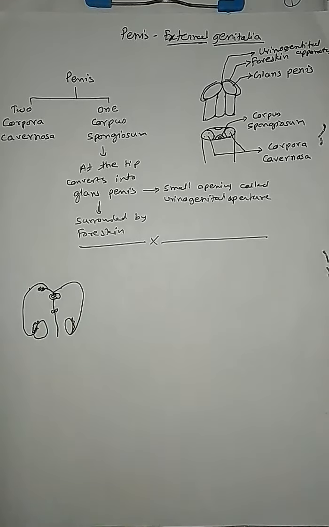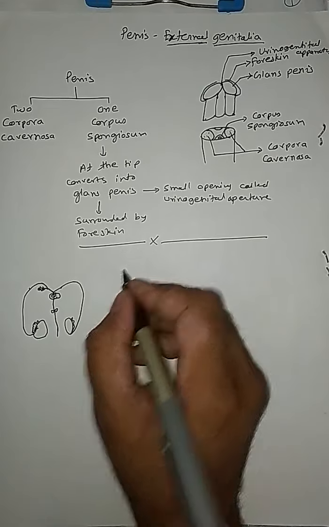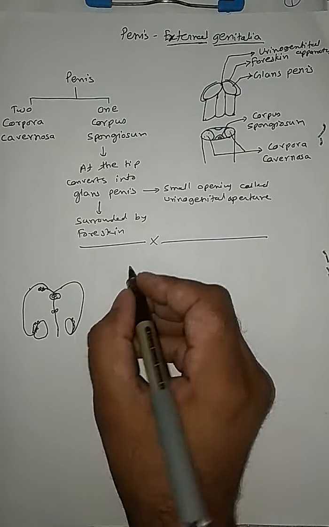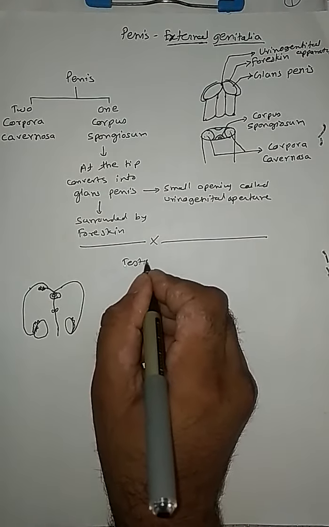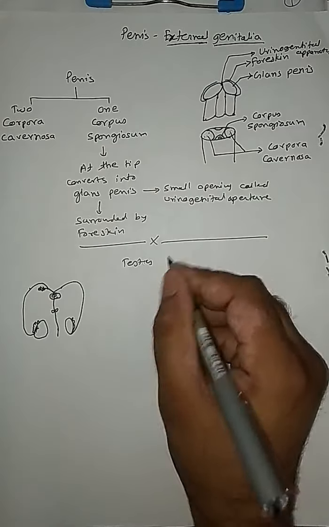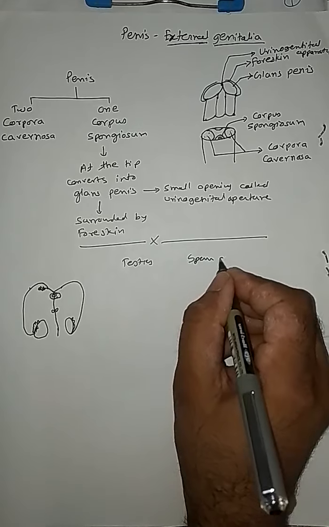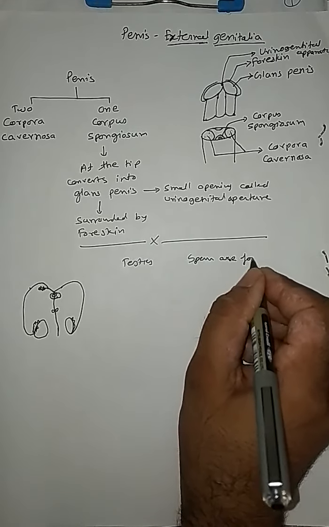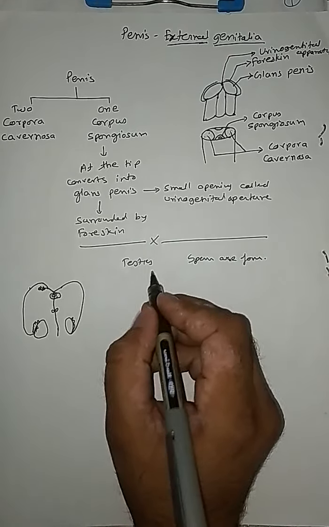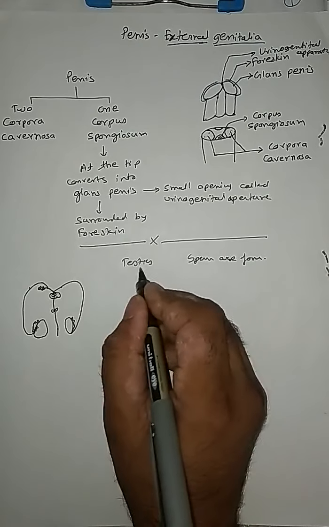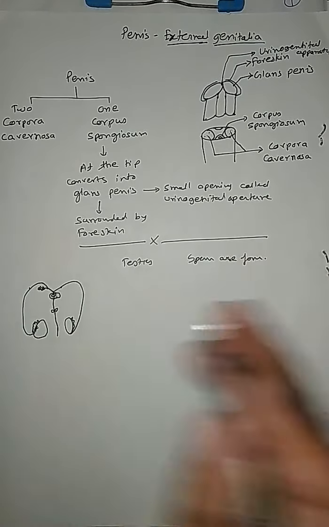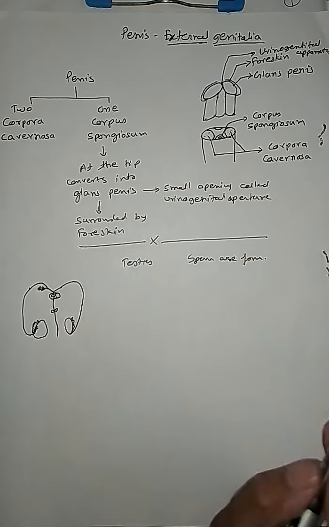Now we will see the flow diagram of how sperms move. In the testes the sperms are formed. After forming, they go to the epididymis and are stored in the epididymis.